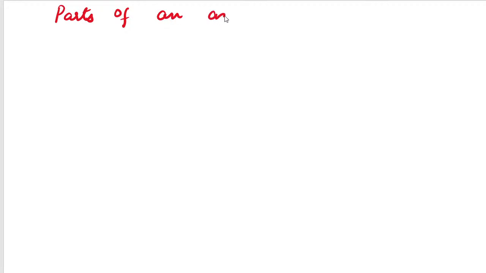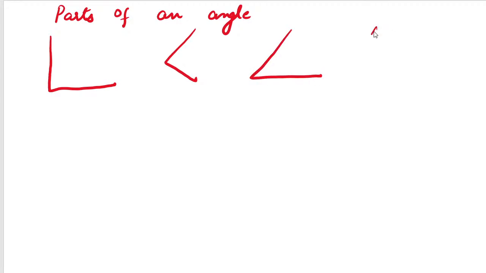Now what is an angle? If I'm making these two lines, what is it? Look, always two lines are meeting at a point.